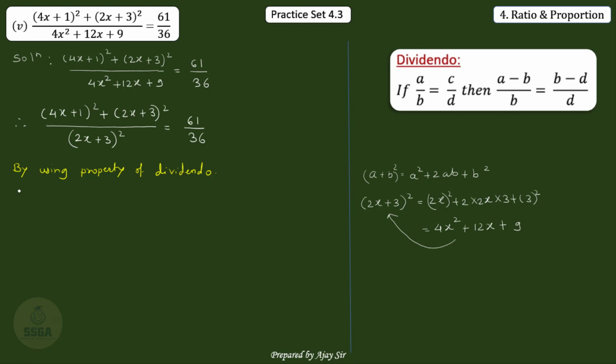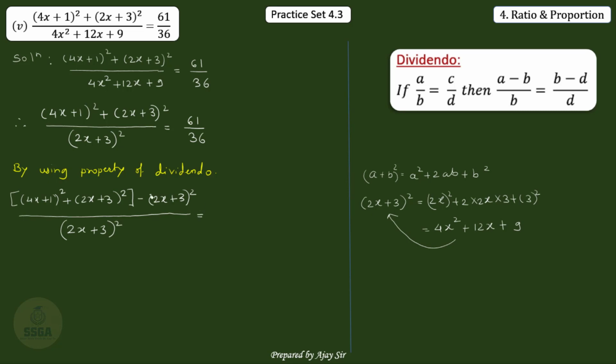So this numerator is (4x+1)² + (2x+3)², minus the denominator. The denominator is one term only, so we write (2x+3)² in the same way.